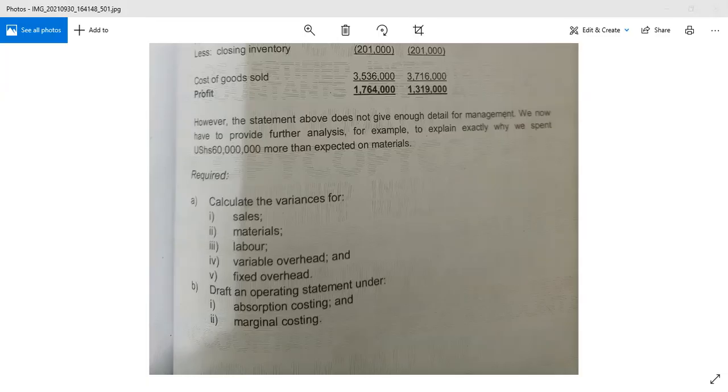If somebody is asking you to determine the sales variance, yours is to go back and look at your respective sales variances and see how to calculate them. I want to try out here so that you're able to get an understanding, and maybe you can do the rest. Okay, so let's just try out the first ones.